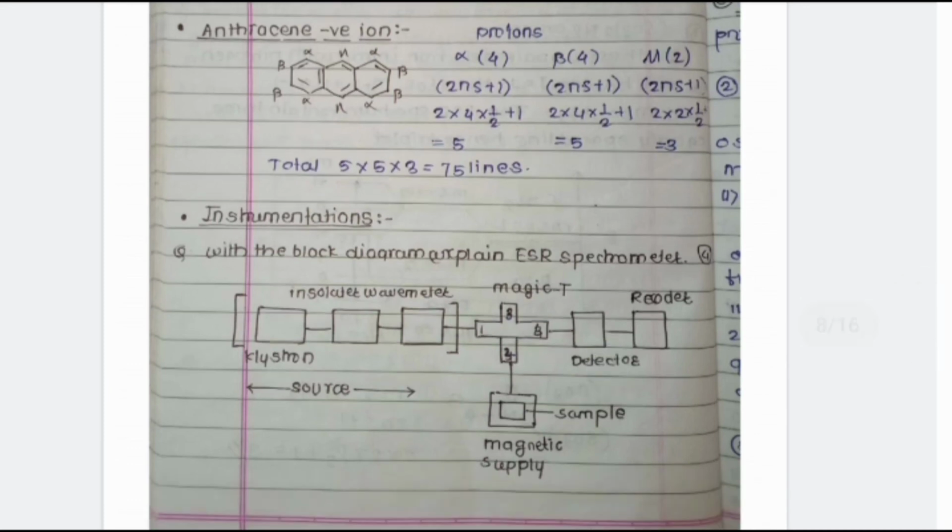So overall there is quite important instrumentation required to maintain all of these things in flow. We'll see how the various parts are important for ESR spectroscopy, such as the source and magic T. Certain important instrumental components we can see in the next lecture.